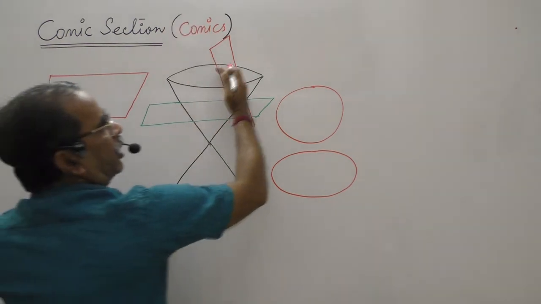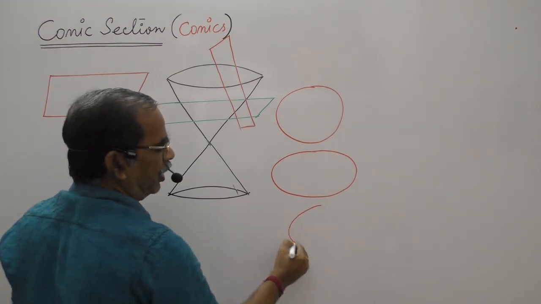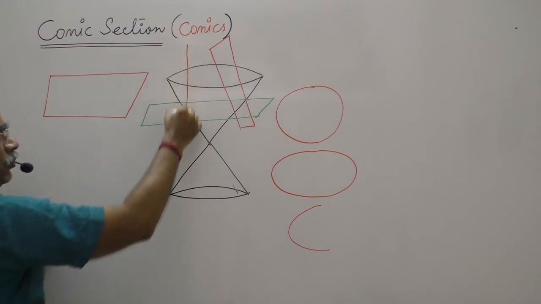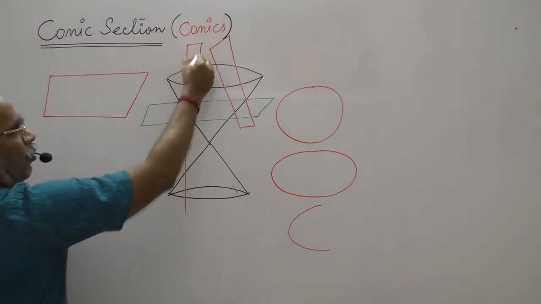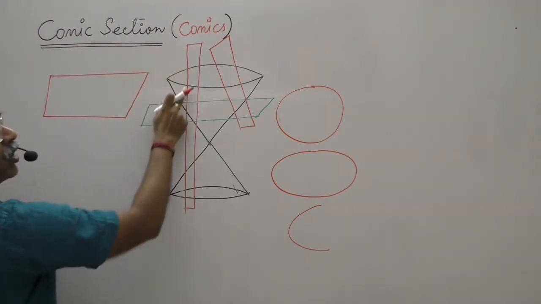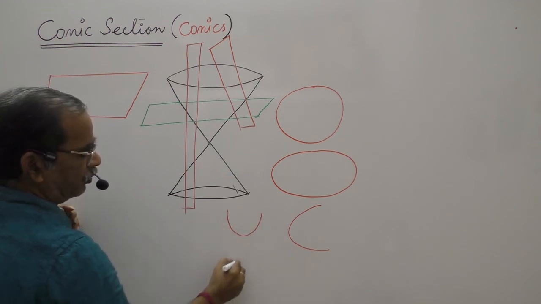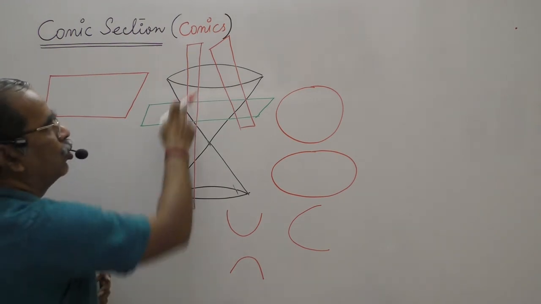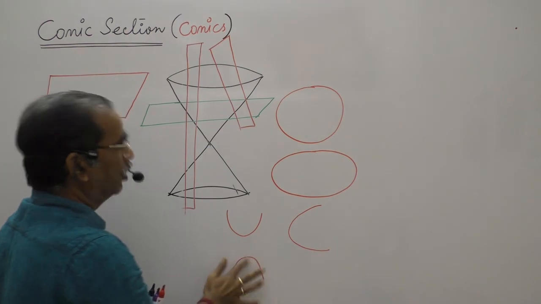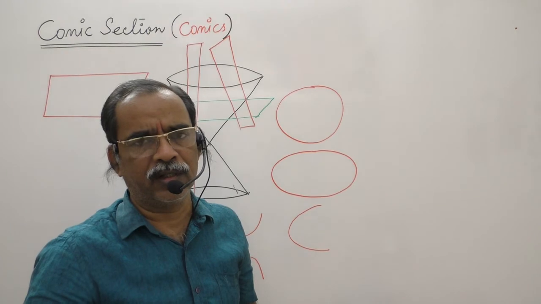If I cut this portion and this portion, what will be the figure there? Like this. Two different branches.